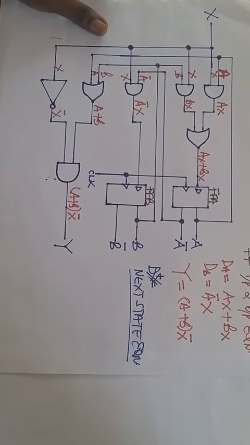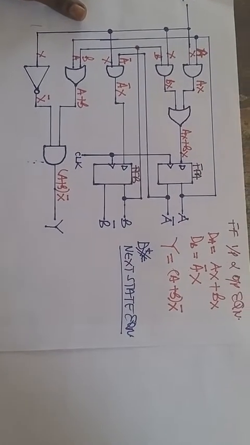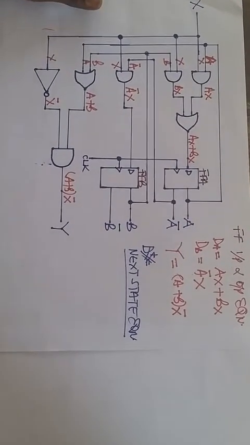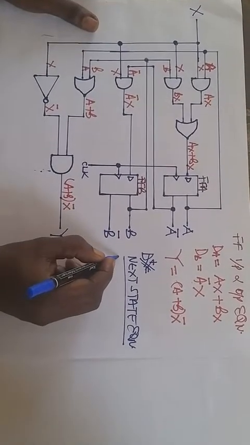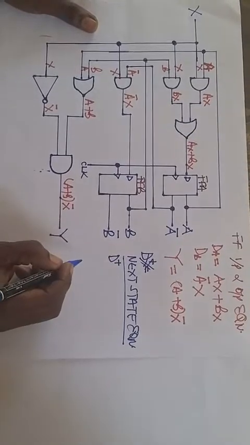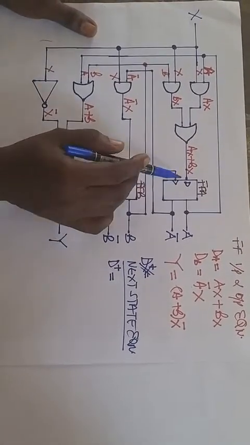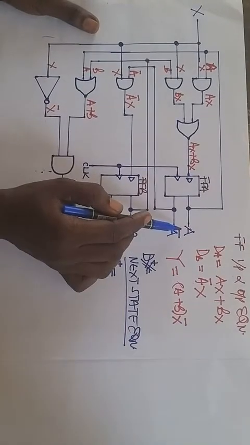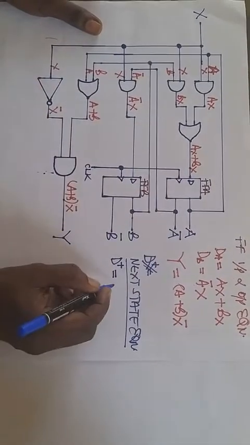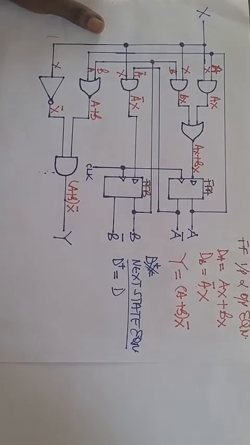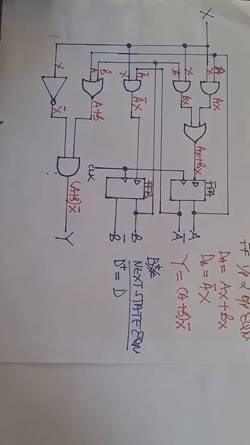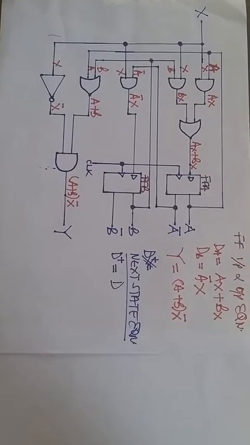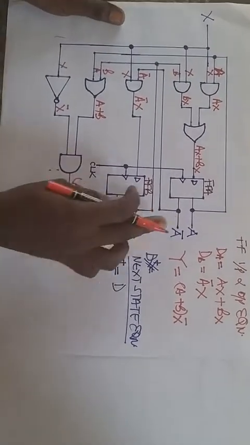We know that for a D flip-flop, whenever we have input and there's a clock, the input goes out. So the next state is given by the input. Good. So based on this, we can write our next state equation.